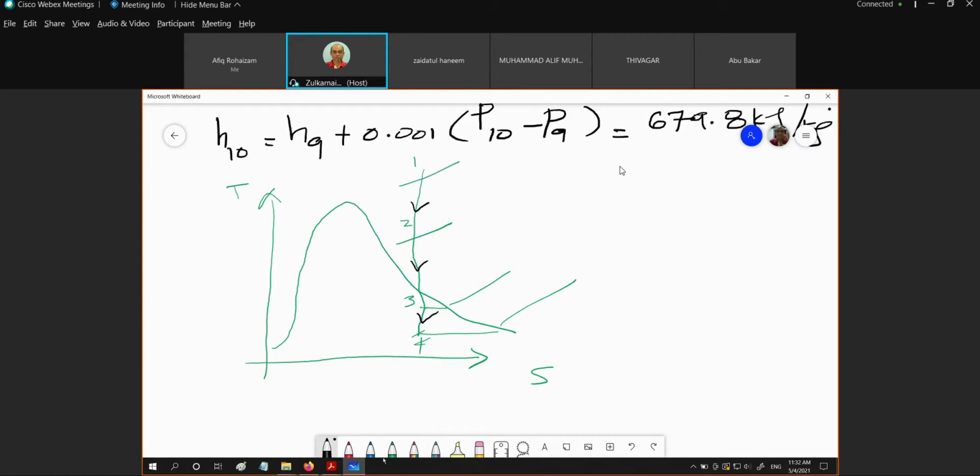This is the 3 expansion processes in the turbine with different fractions. Remember what is flowing from the boiler? Remember what the flow rate is? I think it's 22 kilogram.